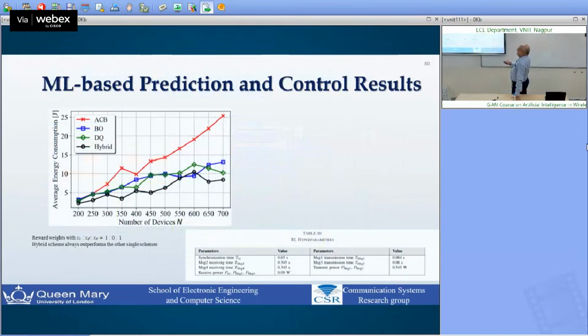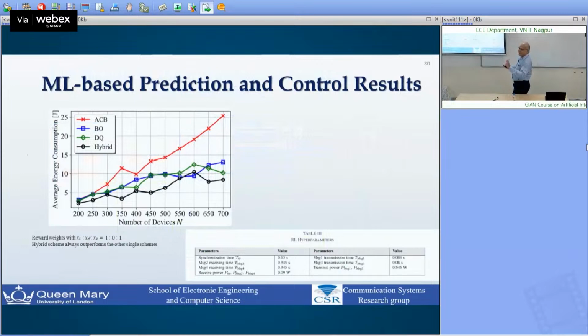Back-off scheme and distributed queuing are almost the same. What is meant by hybrid scheme is that one device tries ACB, failed. Immediately it will try the back-off scheme. That also failed. Then it will go to distributed queuing. That is the hybrid scheme.